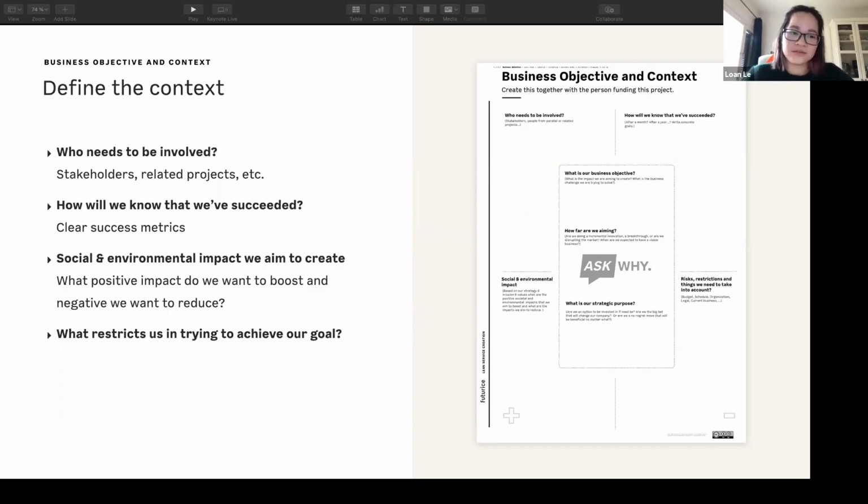Next is to define the context of your business. And here, in order to set the context, you should identify who needs to be involved. Is it the internal stakeholders, or people from other projects, brand and marketing? So there was one question about who to involve.